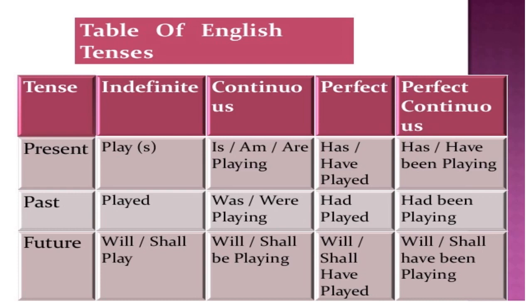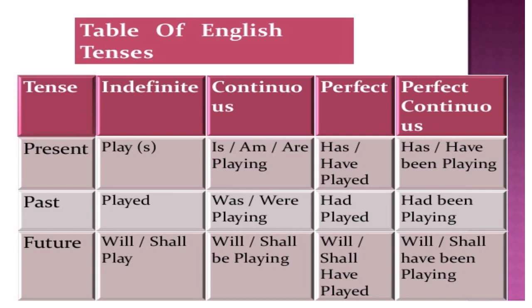In present indefinite, as one verb is given, play or plays, we use the first form of the verb plus s or es. With the third person singular, we use s or es with the first form of the verb in present indefinite tense. In past indefinite tense, we use the second form of the verb, the past form of the verb.